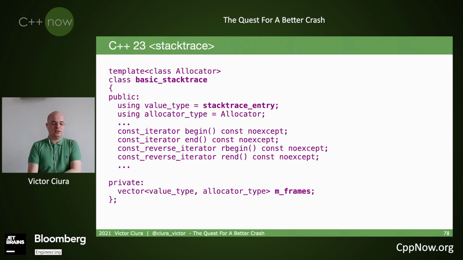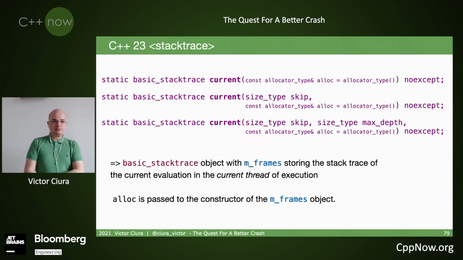Somewhat similar to what I've shown in my hand-rolled implementation there. And means to get the current stack trace, for example, and means to skip a particular number of frames or give a maximum depth, maximum frame count, very similar to what I had in my earlier slides there.